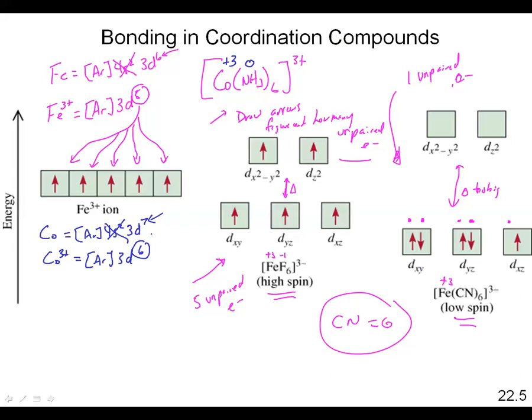And since the coordination number here is 6, that's our octahedral arrangement. So it is going to be this splitting where we do have our bottom guys being xy, yz, xz, and our top guys here being our squares.